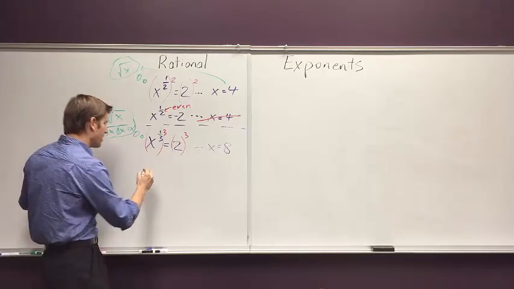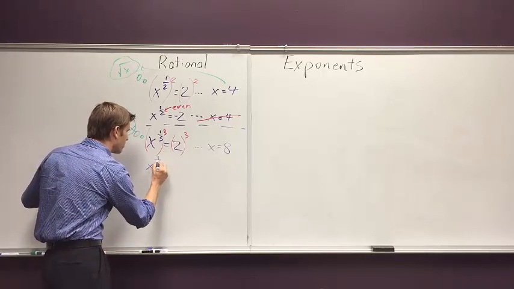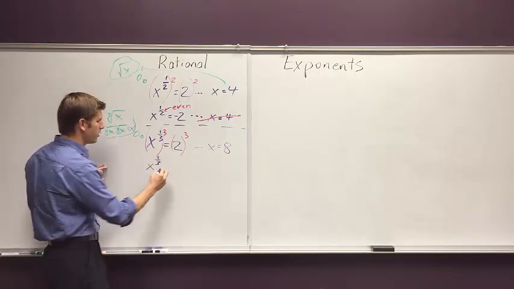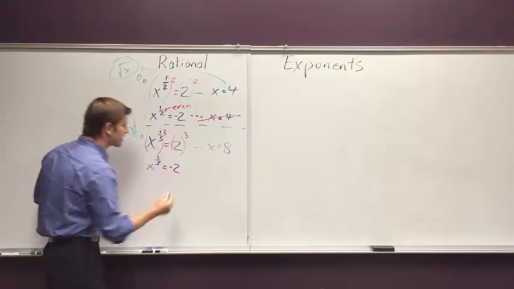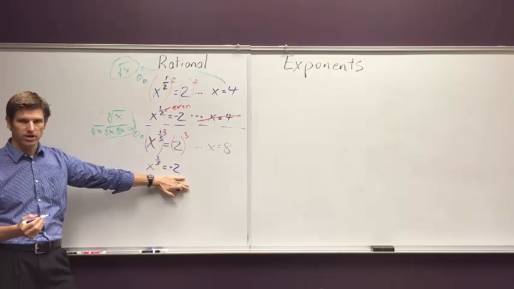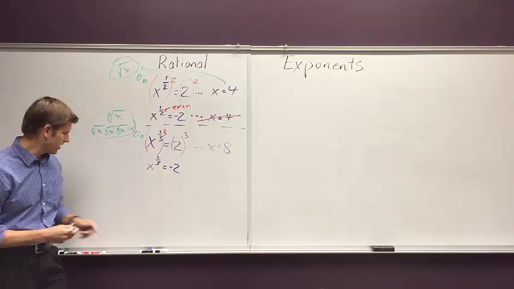Okay? Now, nice thing about the cube root, because that's odd, you can make it equal to -2, and you'll still get a solution. Why is that?